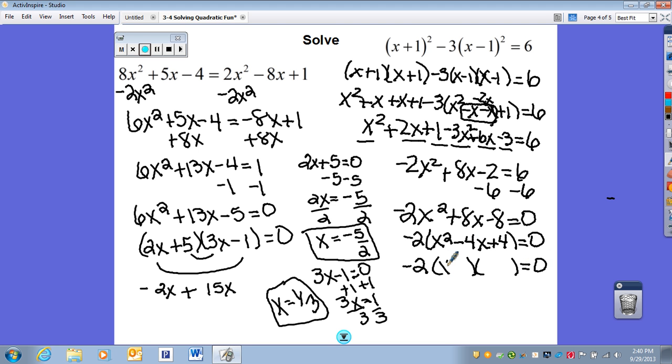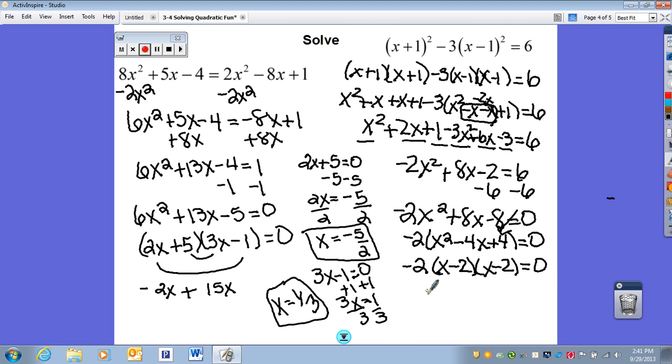So I have 1x squared, and then what two numbers can I multiply together that give me positive 4, but when I add them together, I get negative 4? So that's going to be a negative 2 and a negative 2.